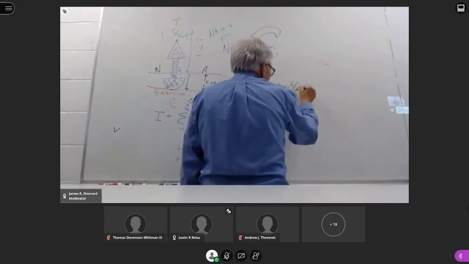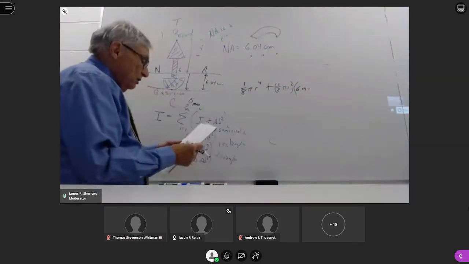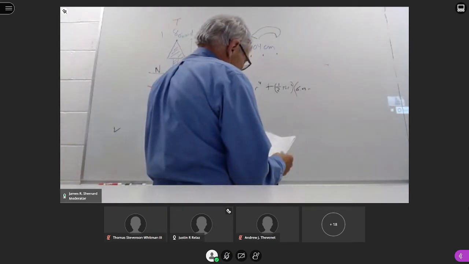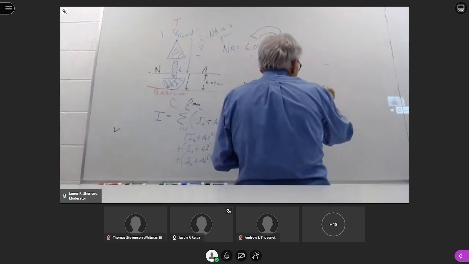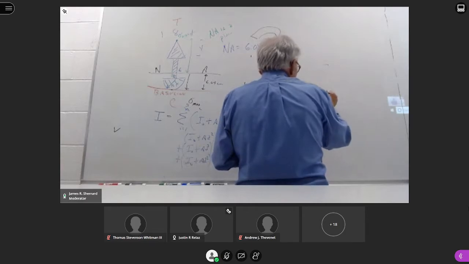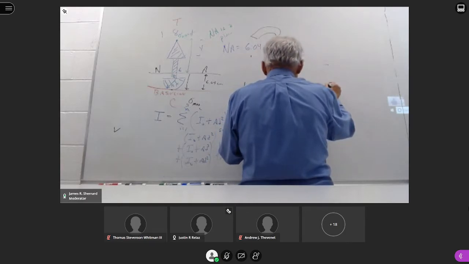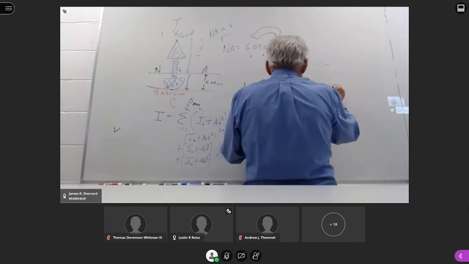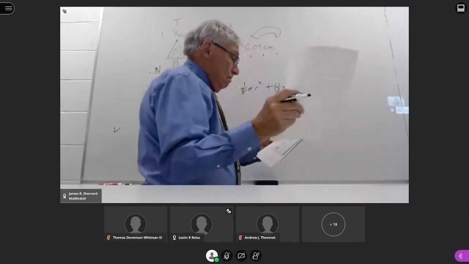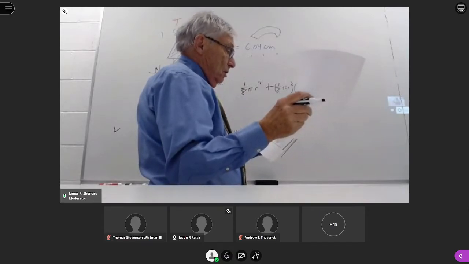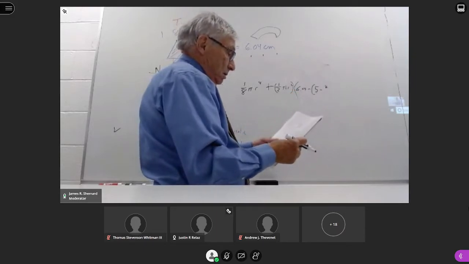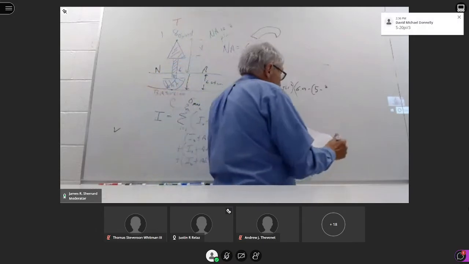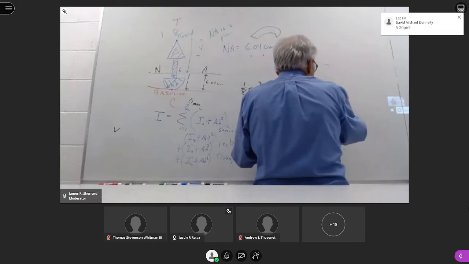D is the distance from the neutral axis to the centroid of that section. So the neutral axis is at 6.04. The centroid of that particular section was 5 minus 4 times the radius divided by 3 pi.